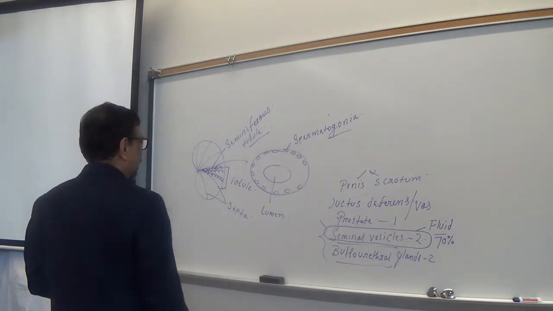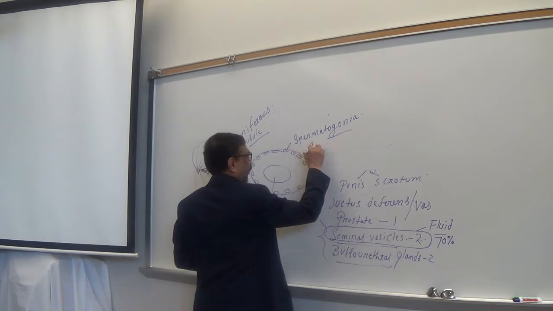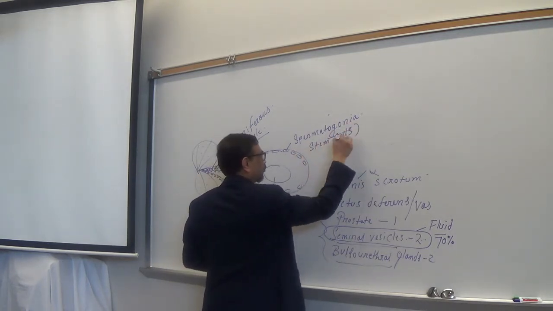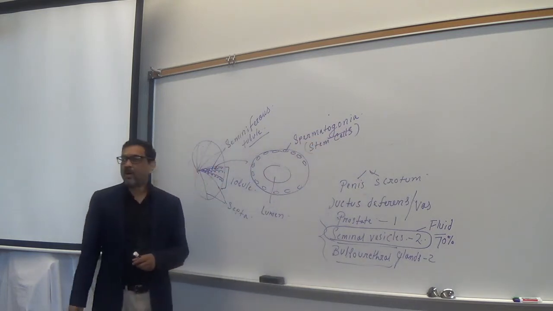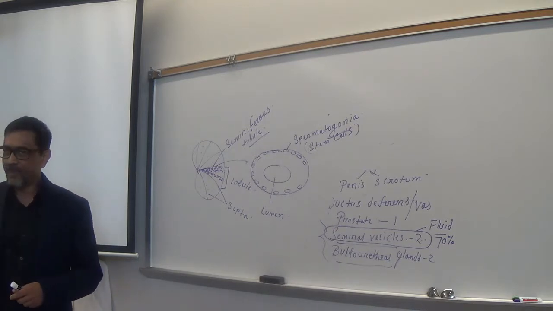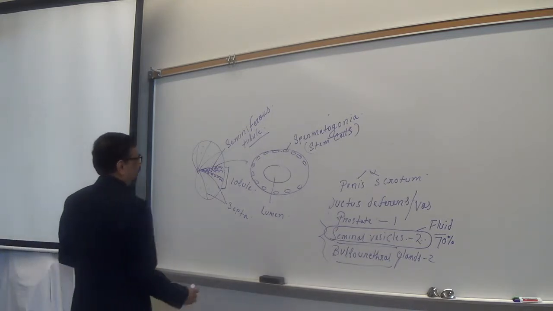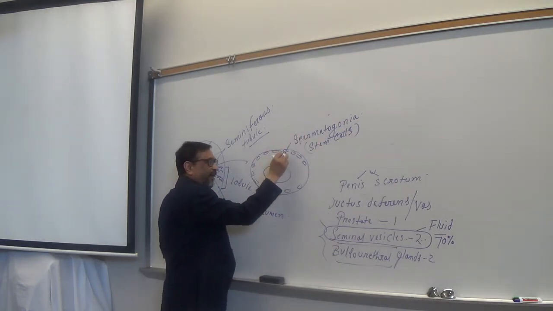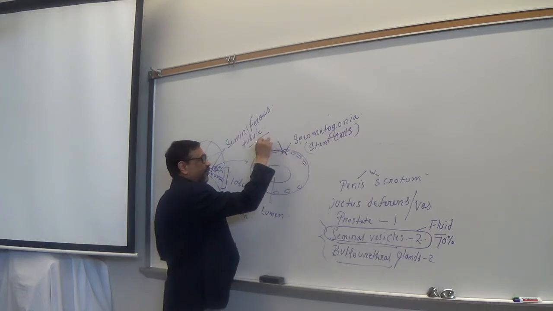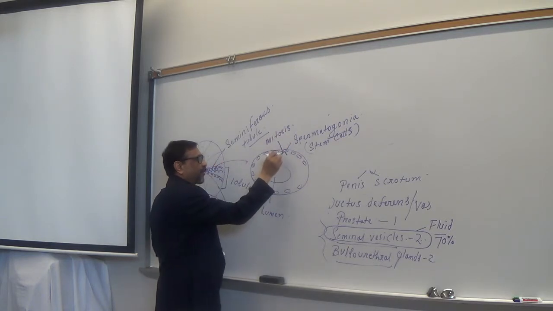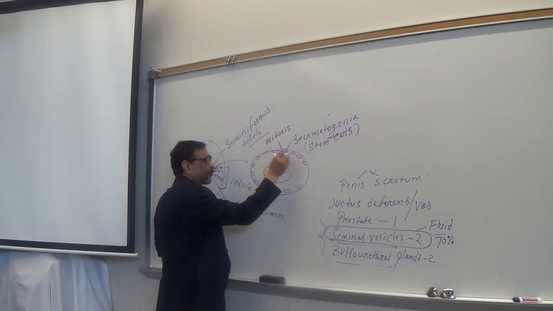So many stem cells in the outer part of the wall of the seminiferous tubule. Just to know that the stem cells, spermatogonia, divide by mitosis first. Mitosis, from 1 we get how many? 2.